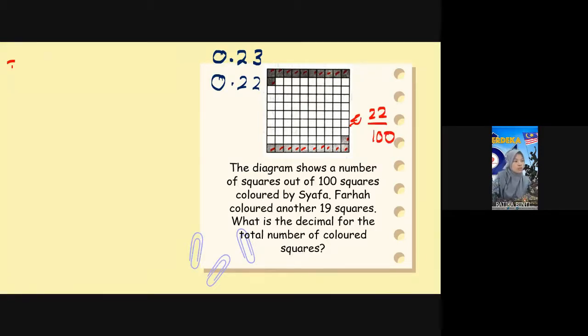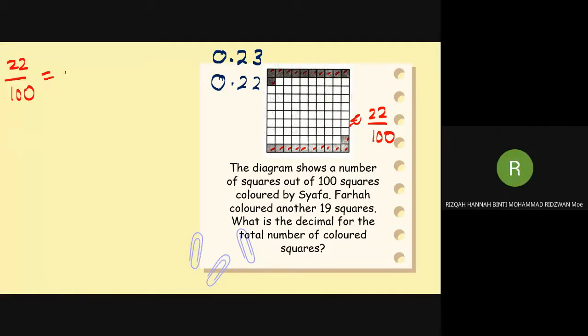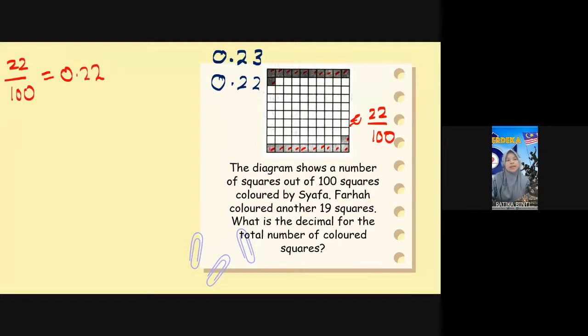Kan? 22 over 100 is colored by Shafa. So when we change this into decimal, what is the number? 0.22. Okay, this is colored by Shafa.